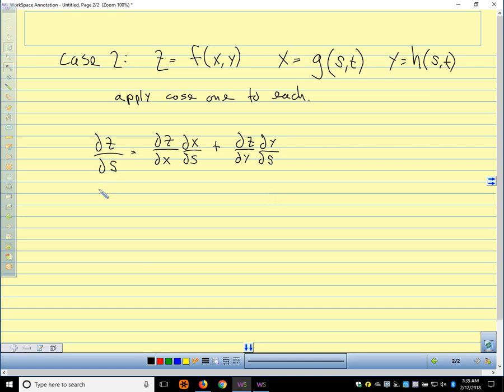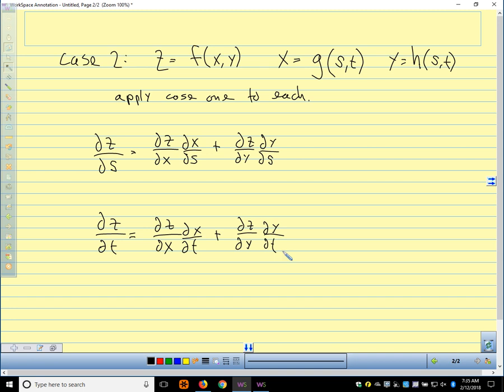So that would give us the partial of z with respect to s. And for the partial of z with respect to t we'll just use case 1 there. Partial of z with respect to x times the partial of x with respect to t, plus we have the y portion, partial of y with respect to t.